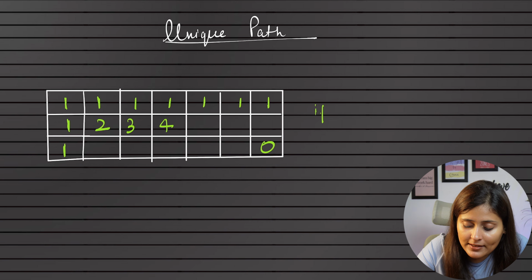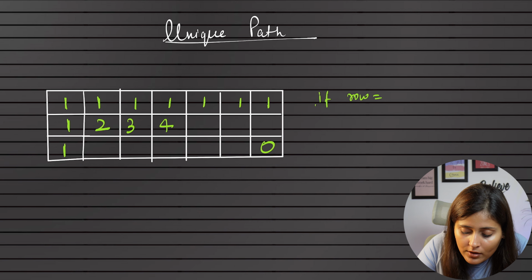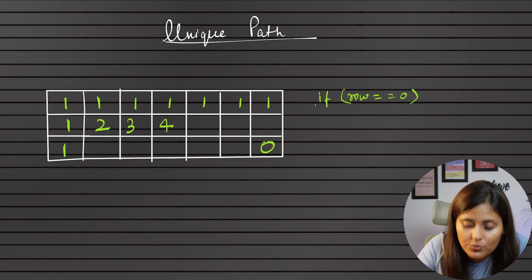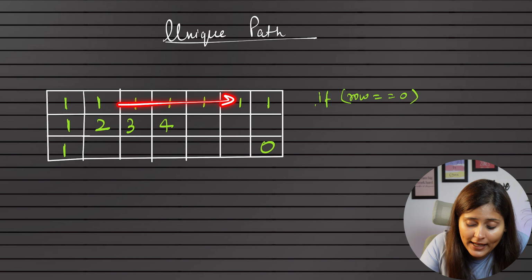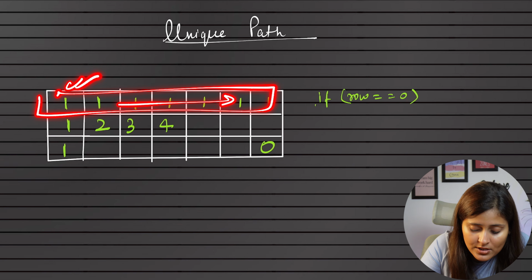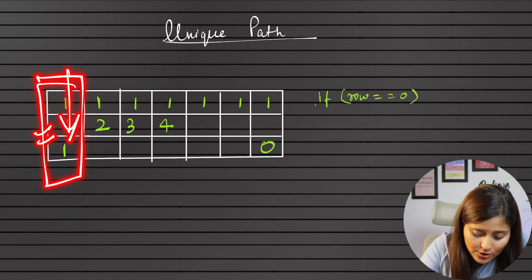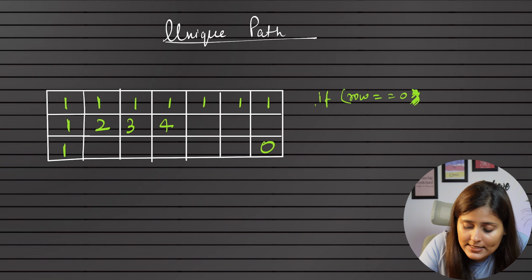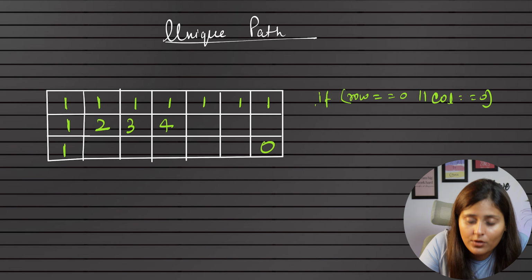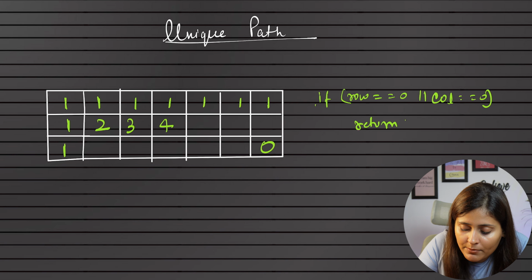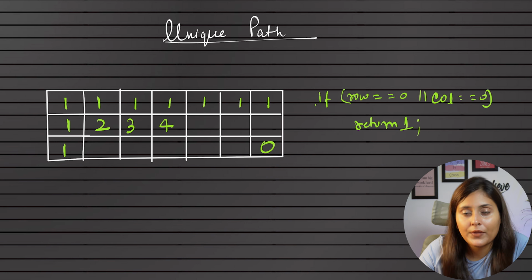So in the code, basically we have to say if the row I am looking for is equal to 0, or if I am looking for any cell which is at the 0th column. So I can say if row is equal to 0 or column is equal to 0, I can simply return 1, because that is the answer, correct?